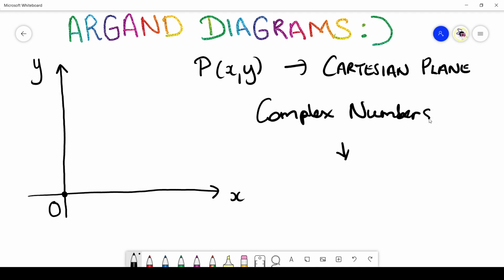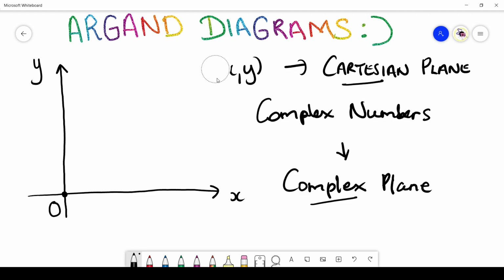So complex numbers are generally plotted on something called a complex plane instead of the Cartesian plane. And it's no rocket science. The only thing that actually makes a Cartesian plane different from a complex plane is how we rename the axes. So let's switch it up right now.